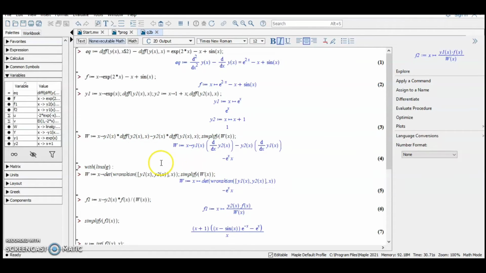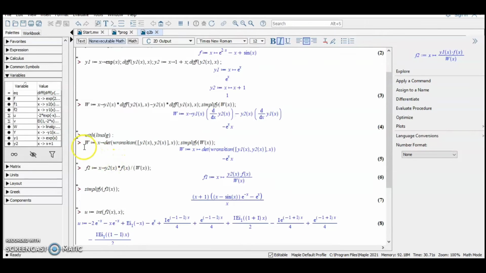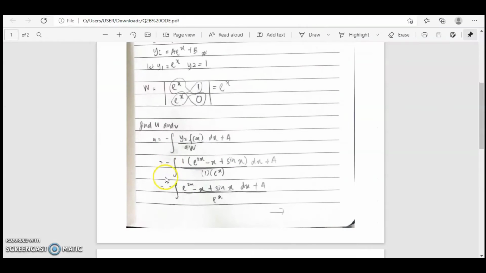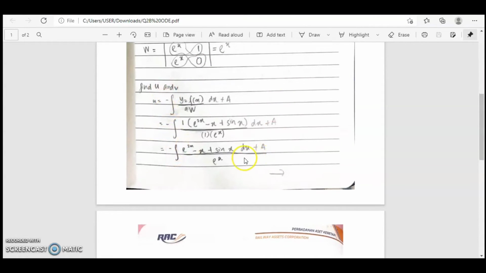So this is the result. I determine the W, simplify it, and then I get this result. And as you can see, I have to find u and v.